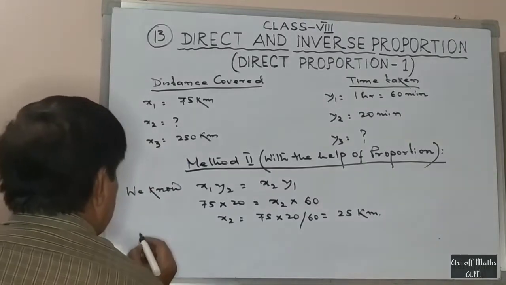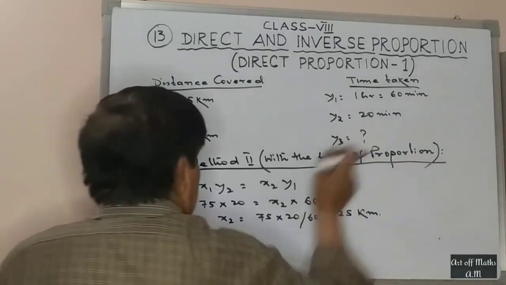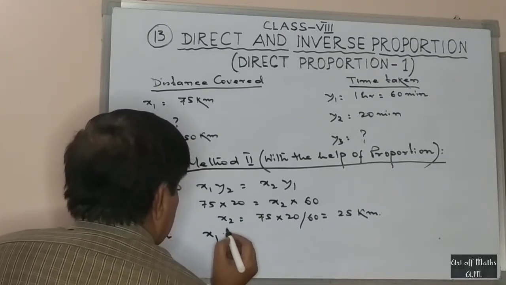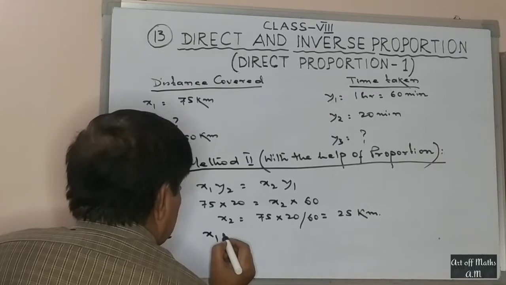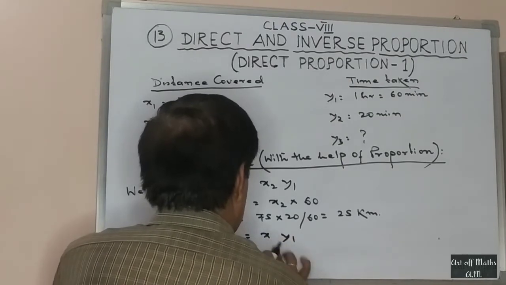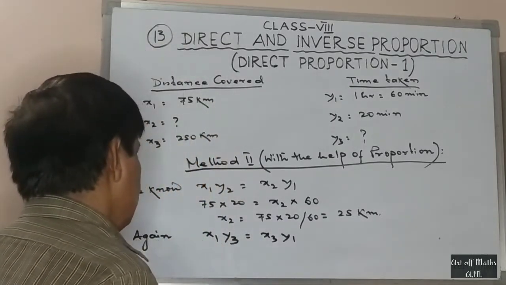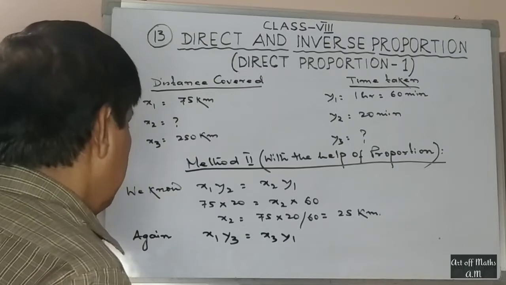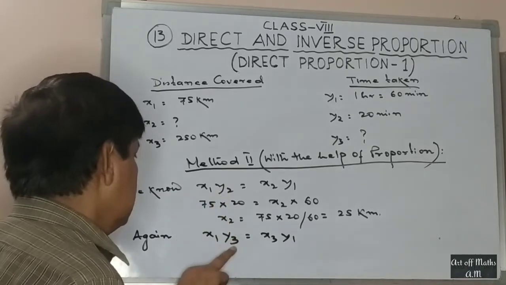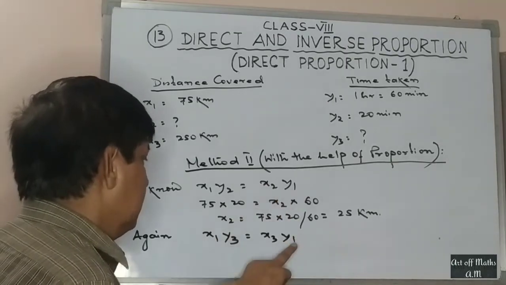Now similarly again, to find out y3, x1 y3 equal to, the formula would be x1, instead of y2 it would be y3, x2 that means x3, y1.